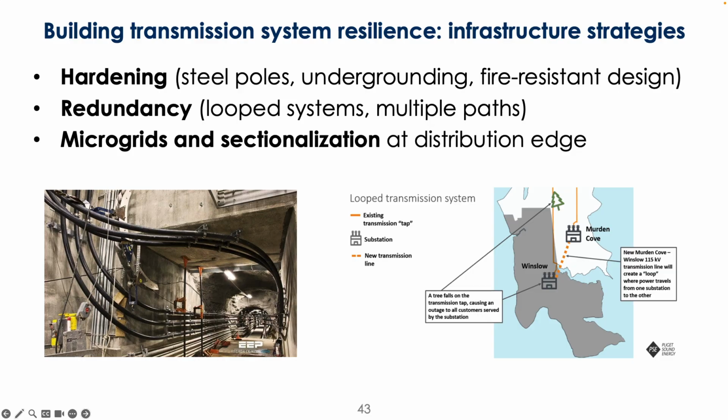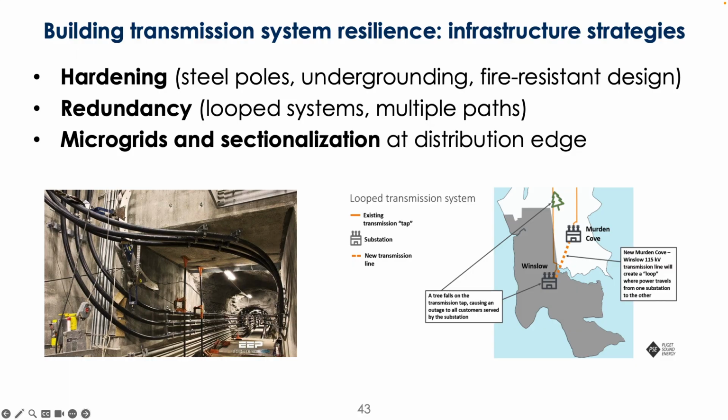So this is a little example of that. You have a line going into Winslow. This tree falls onto the transmission line, resulting in an outage to all the customers that might be getting served by this substation.